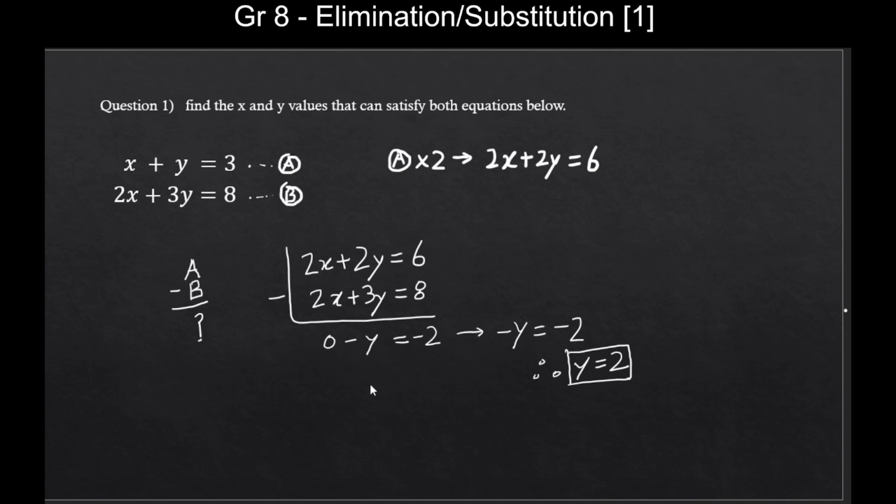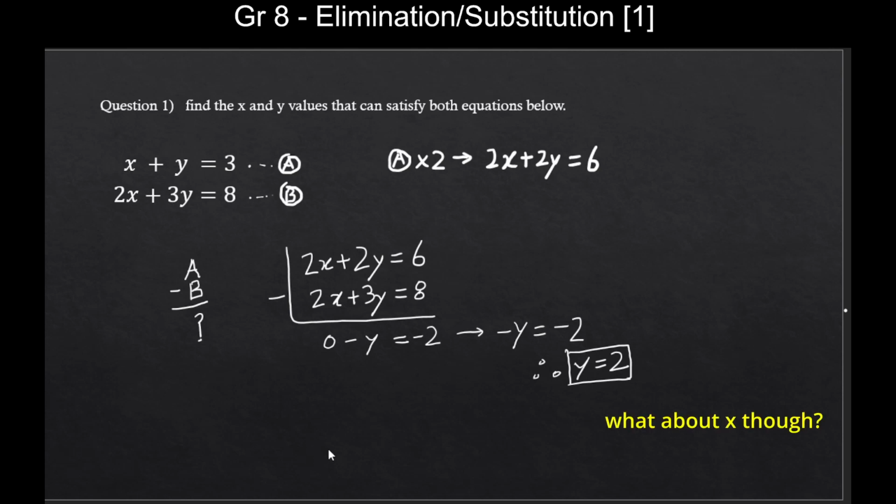But then the y's, they still survived. So the y's are still there. So we were able to find the y value at the end. So that was cool. That is the elimination method.